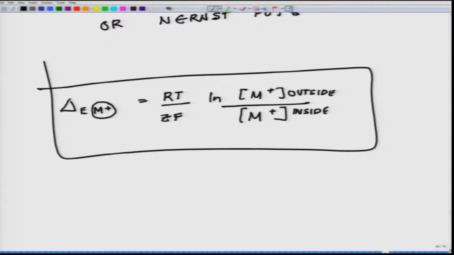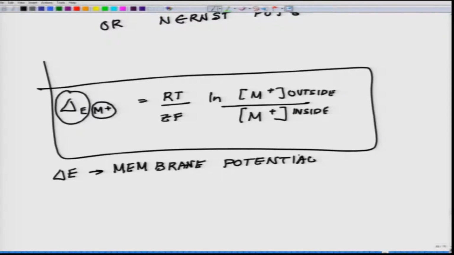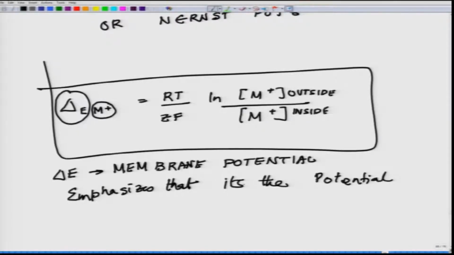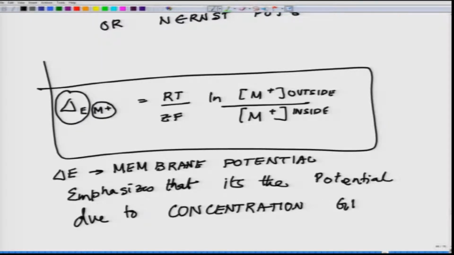So, in other words, the symbol delta E emphasizes that it is the difference in potential for the membrane potential, the potential due to concentration difference or concentration gradient.